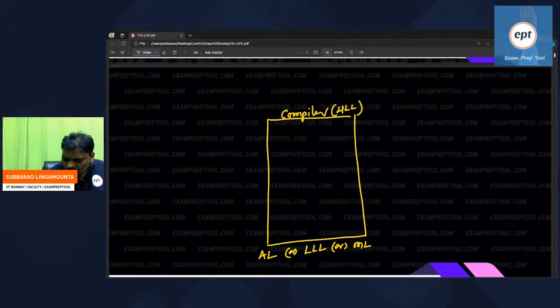The first function of compiler is lexical analyzer. It is a program, and inside the program there are so many functions. First function is lexical analyzer. Second function is syntax analyzer.